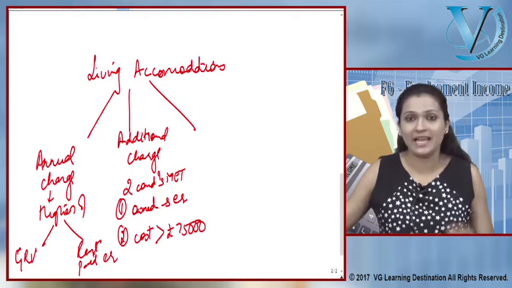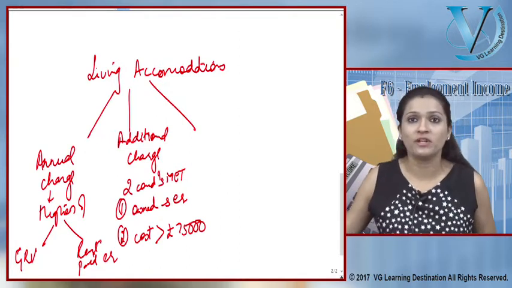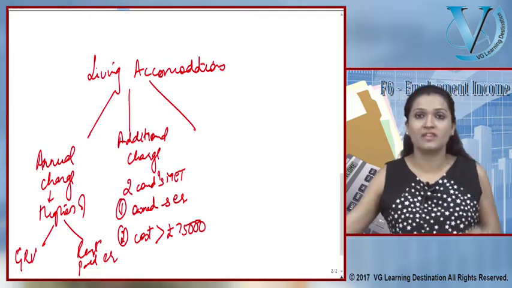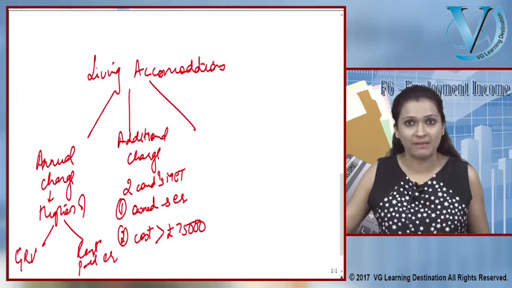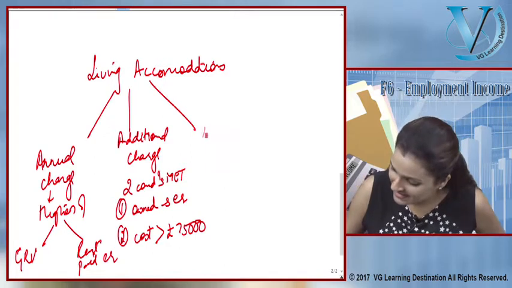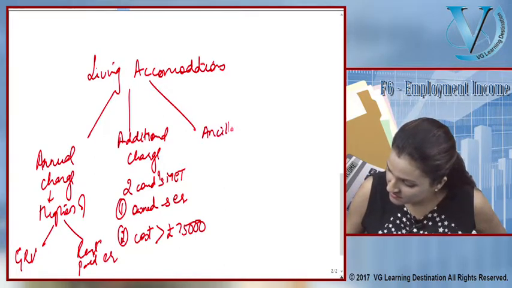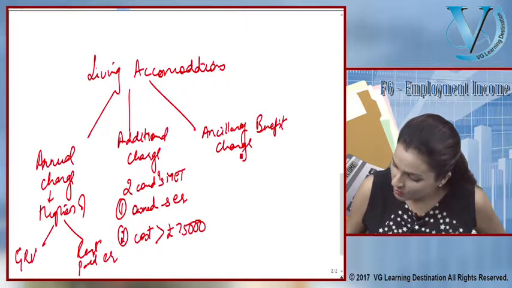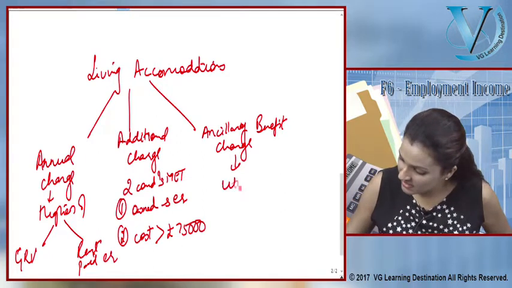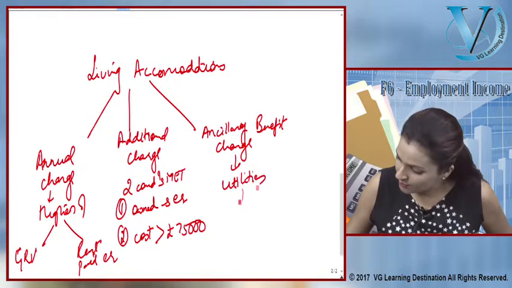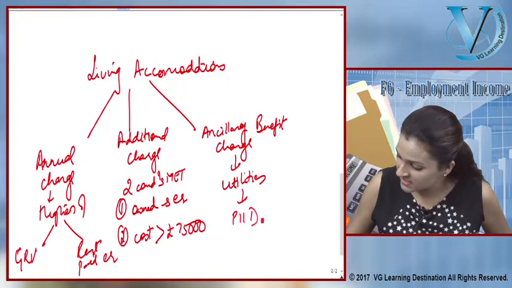So that is the additional charge which you are going to add to the benefit of the living accommodation. Now apart from this, there is also another benefit known as an ancillary benefit charge, which would only be applicable on utilities provided you are a P11D employee.